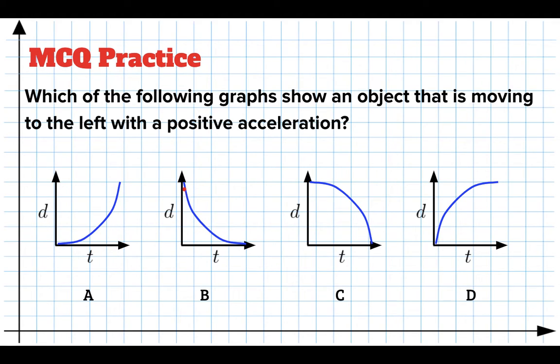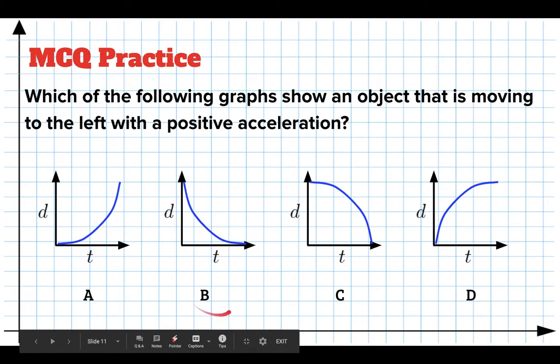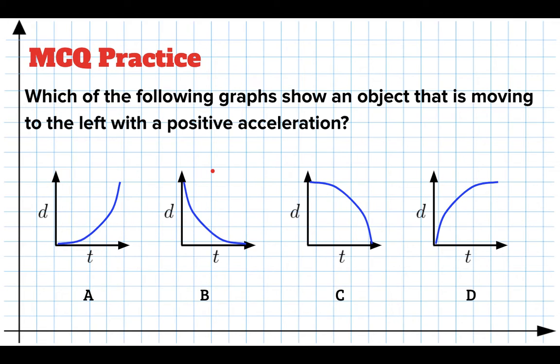Here, the slope is a negative value, like maybe -5, and then -3, and then -2, and -1 as we get down here. Going from -5 to -1, for example, is increasing, so that has a positive acceleration. So the correct answer here is B. Graph B shows an object that is moving to the left. The velocity is negative, but it has a positive acceleration. It's getting larger.